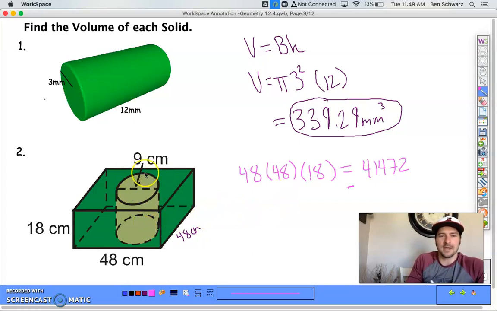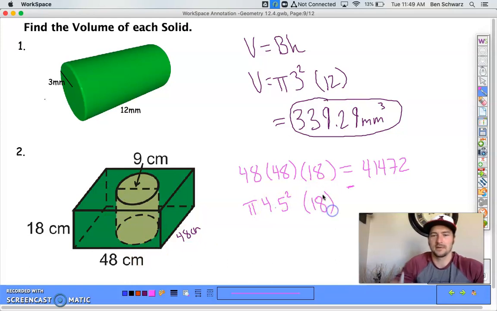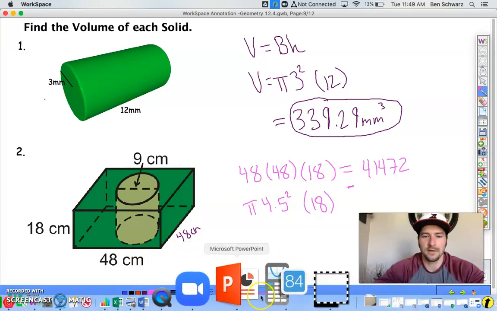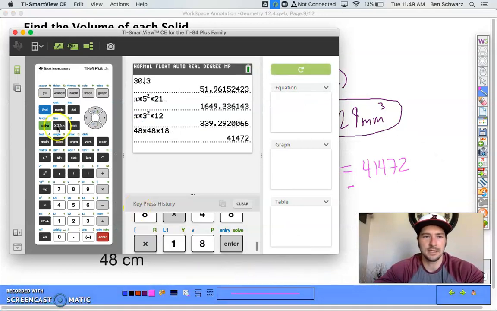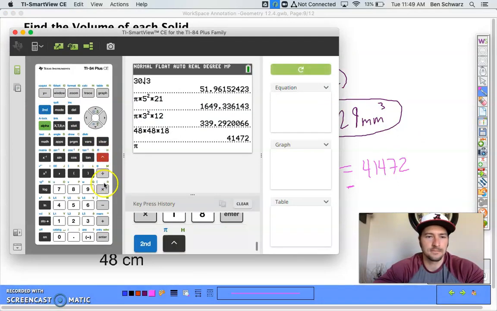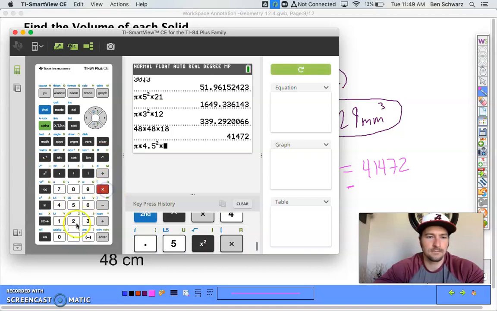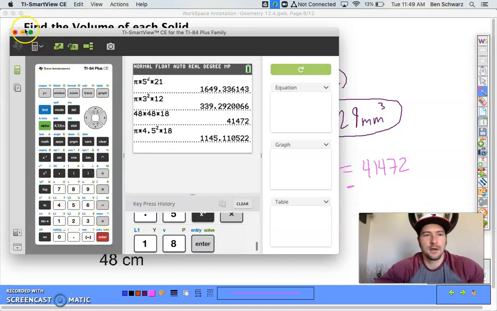So since the diameter is 9, it's going to be pi, the radius would be 4.5 squared, and then its height, which is 18. So pi times 4.5 squared times 18. It's going to get us an answer of 1145.11.